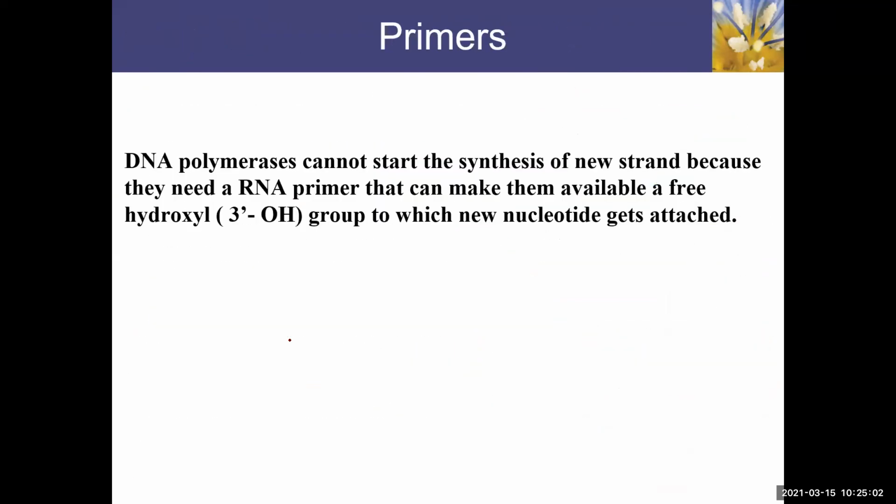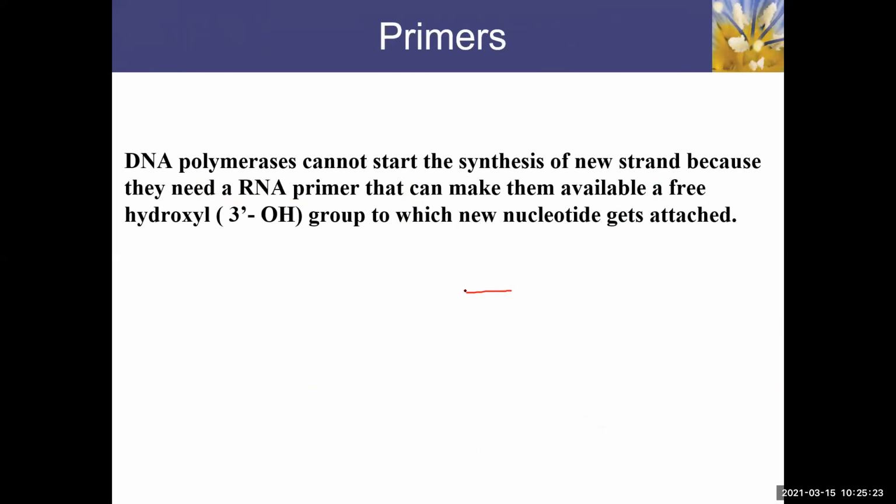Then comes another enzyme called RNA primase. Before I explain the RNA primase, what you need to know is that you cannot start DNA synthesis unless you have a short primer. What is a primer?